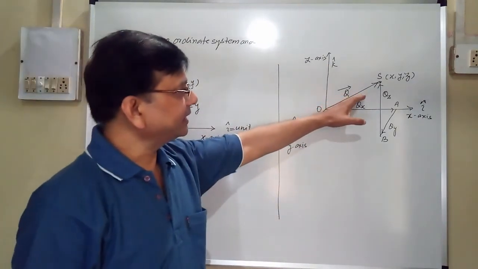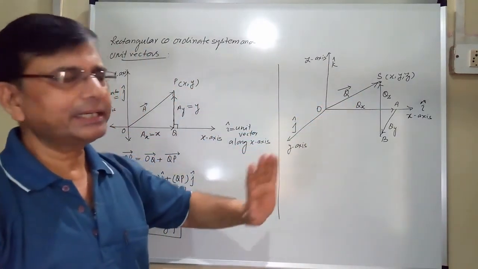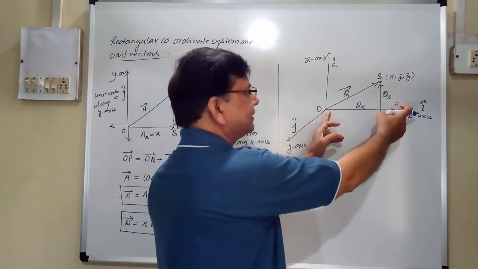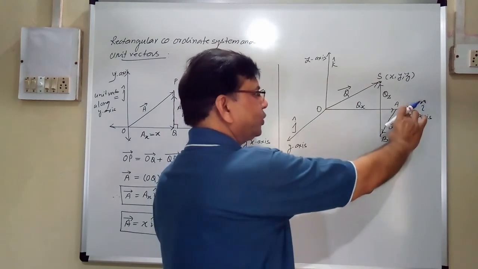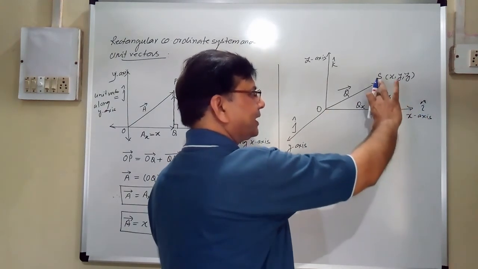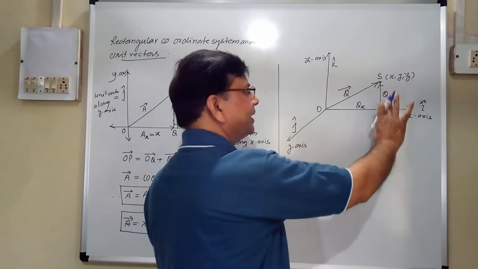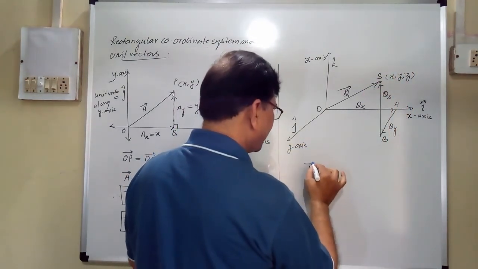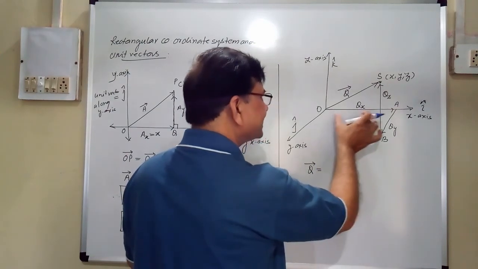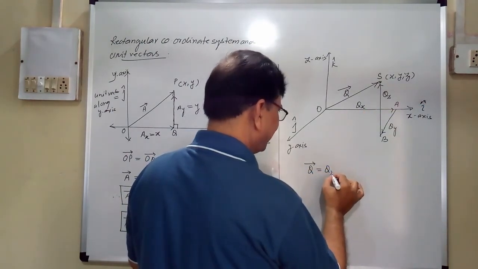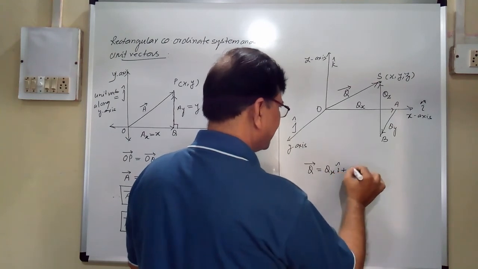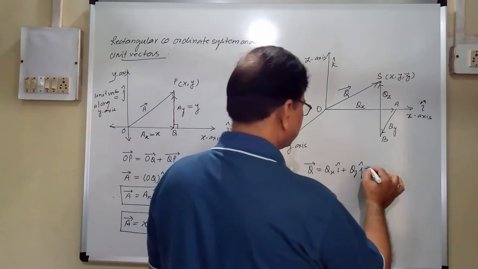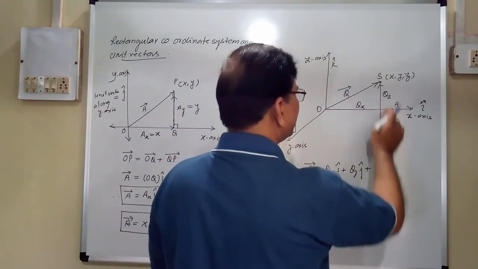So this vector q can be represented in terms of i, j and k. QX is the magnitude OA, QY is the magnitude AB, and QZ is the magnitude of BS, this length. So we can write the vector q is equal to QXi plus QYj plus QZk.